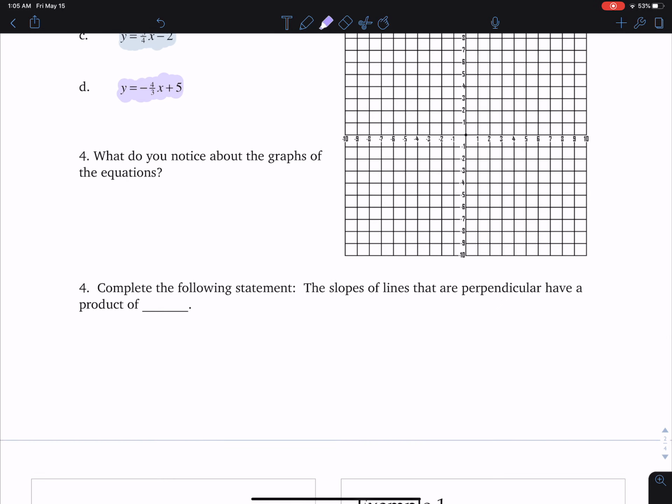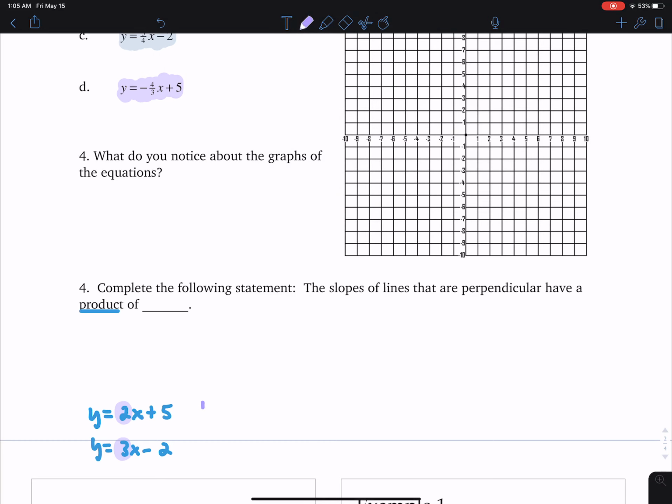4 says complete the following statement. Slopes of lines that are perpendicular have a product of blank. So if we're talking about two lines like this, y equals 2x plus 5 and y equals 3x minus 2, we're talking about the slopes of the lines, which are 2 and 3.